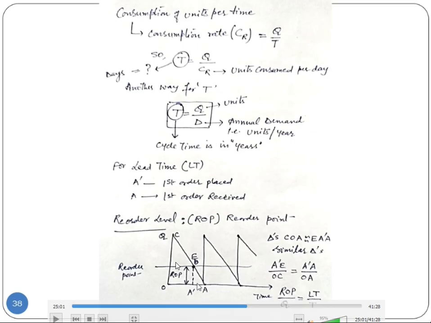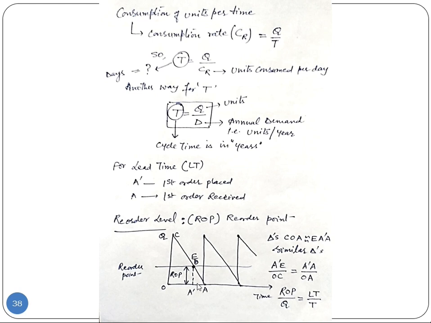The consumption rate is basically the quantity upon t, and t is the number of days. How many days, or in a year, we can consume the total quantity Q is based upon the consumption rate, and from here we can find the t value.